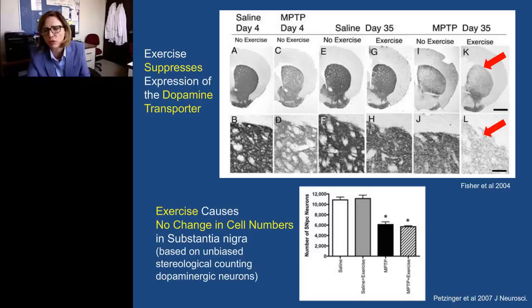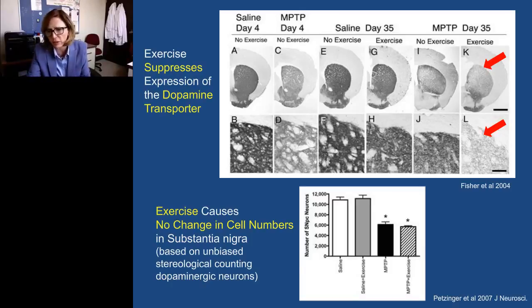Again, to your left is the MPTP animal, to your right is the exercise animal, so it was down-regulating. The reason this is of interest is when we went back and looked at the fast scan cyclic voltammetry results, what we saw was that the clearance of dopamine from the extracellular space was also diminished. So again, we see no change in dopamine levels, but we see more dopamine being released, and we see that the clearance is slower, which matches the dopamine transporter.